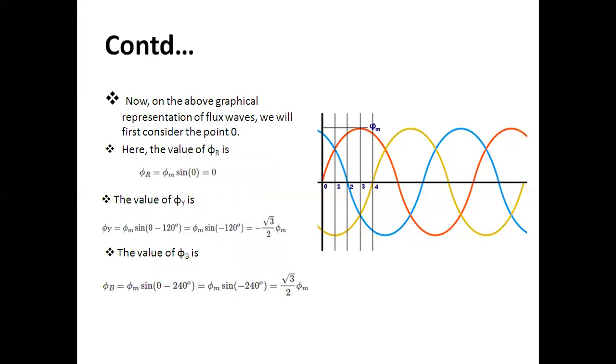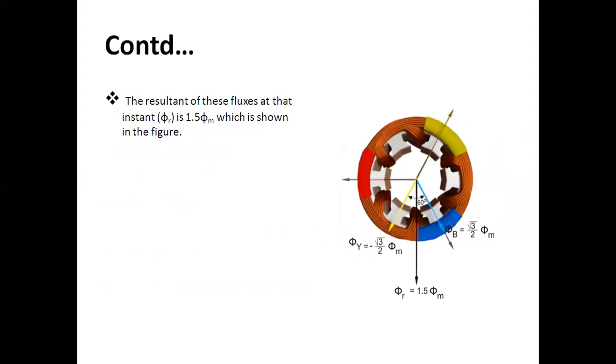So when omega t equal to 0, the values of the fluxes in the three phases are: phi r is 0, phi y is minus root 3 by 2 phi m, and phi b is root 3 by 2 phi m. Putting those values in the previous equation, we will get the three equations.